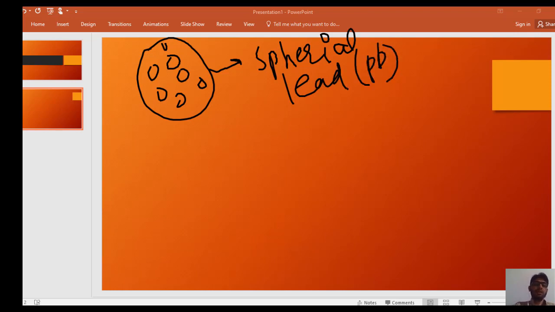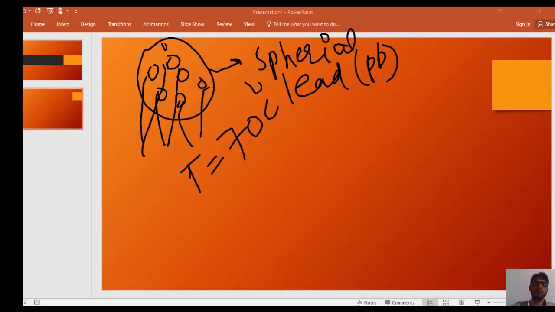The temperature at every point in the material is constant. Suppose it is hot, at 70 degrees C, which forms a lumped system. Suppose the temperature of this lead decreases with the passage of time.